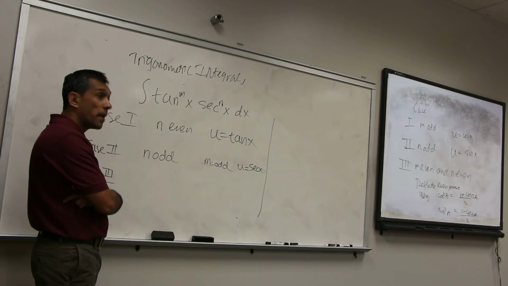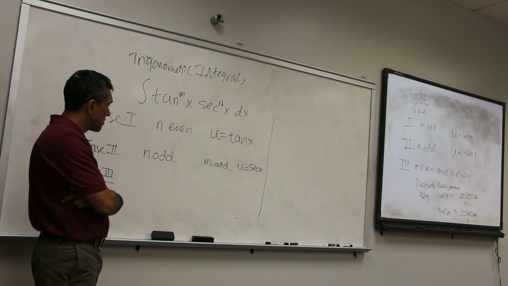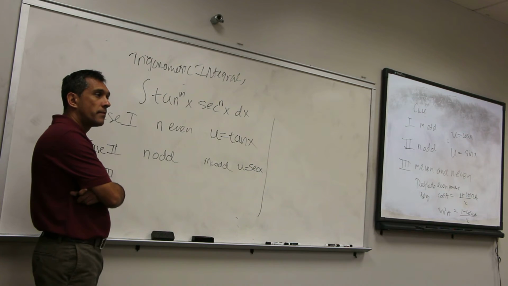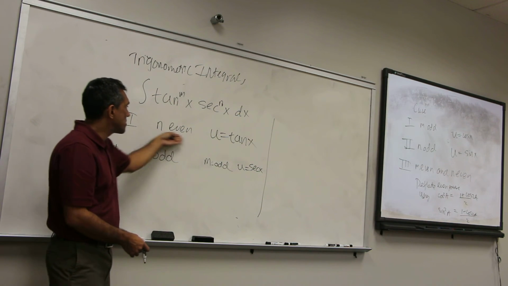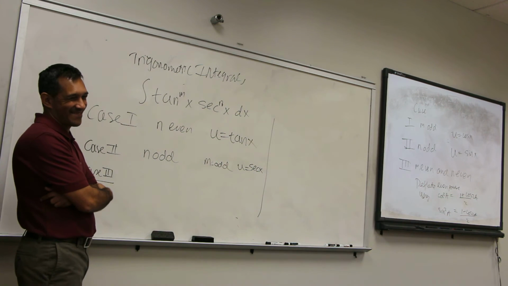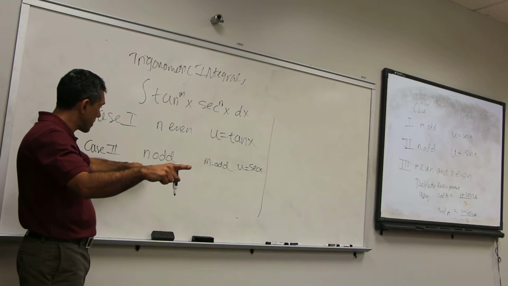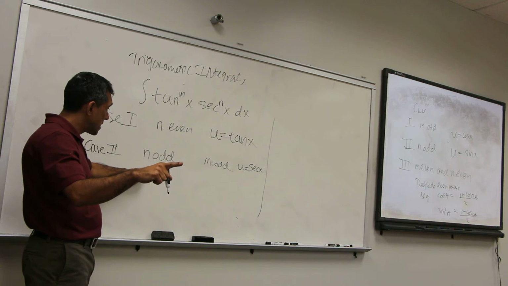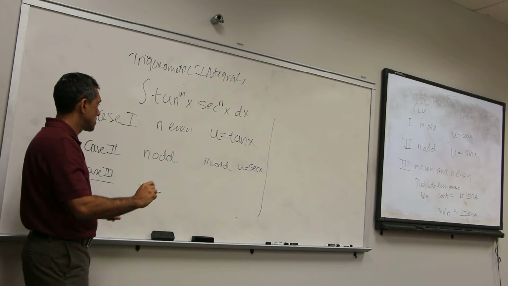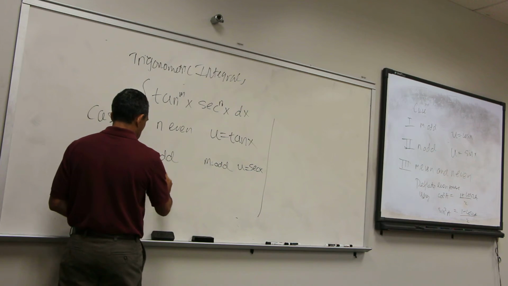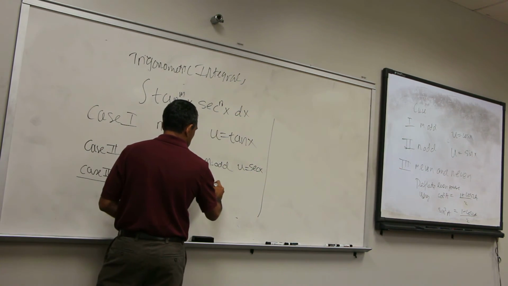Yes, both. Both are even in this case. Oh, okay. M is odd, or M is even and N is odd. So what? Say it again? M is even and N is odd. Correct. N is odd and M is even.